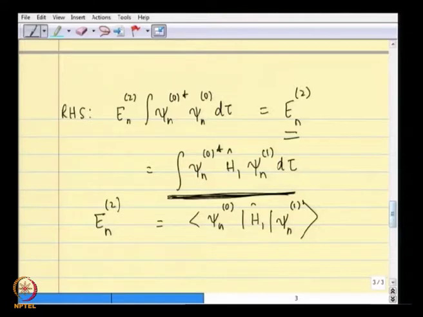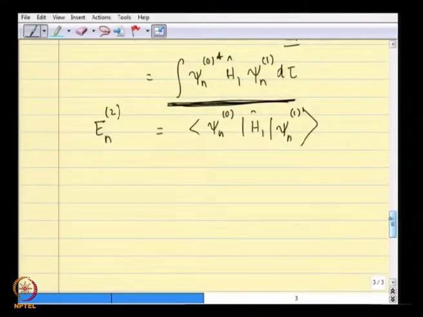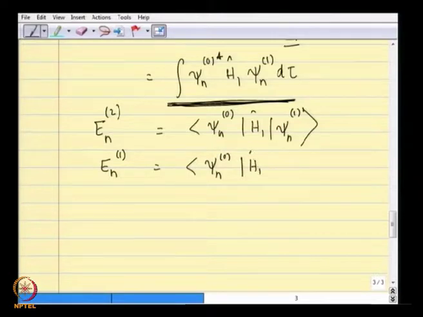Now, you might recall that En1 was given by psi n0 h1 psi n0.